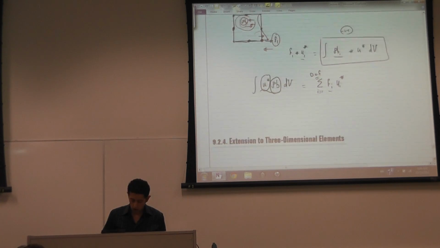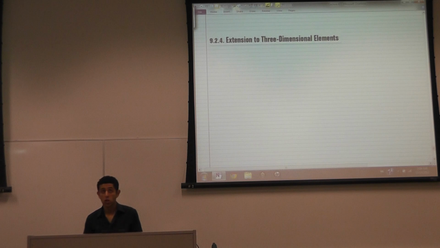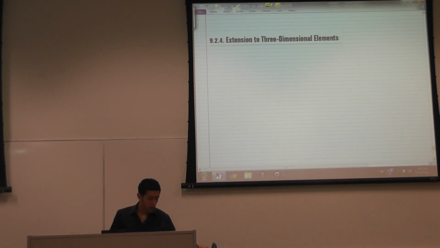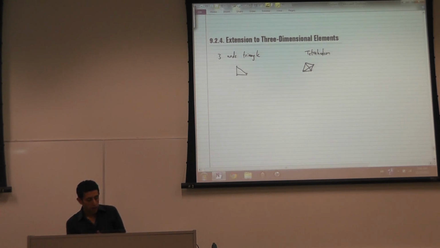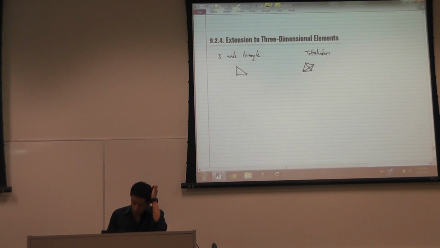Okay. So the extension to 3 dimensions is just straightforward. The 3-node triangle is extended to the tetrahedron, and the properties of the 3-node triangle are inherited by this tetrahedron.